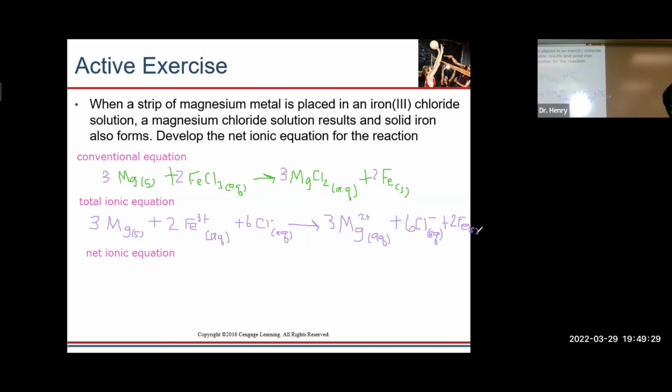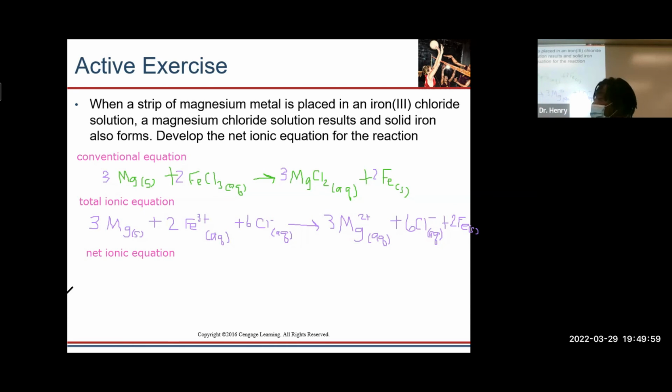And all elements on the periodic table are neutrally charged. Good question. So let me repeat the question. He asks, why doesn't this first magnesium have a charge? It's because it is the element, magnesium metal. All elements on the periodic table are neutrally charged, right? That's right. It has no charge because the electrons balance out the protons. We learned that the very first week or second week, right?